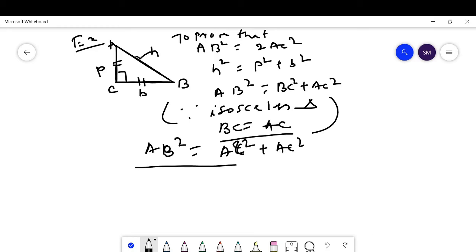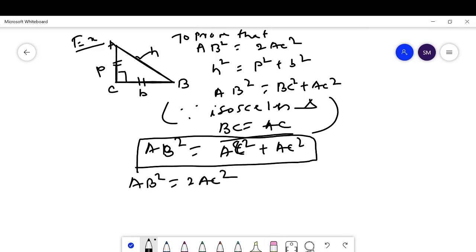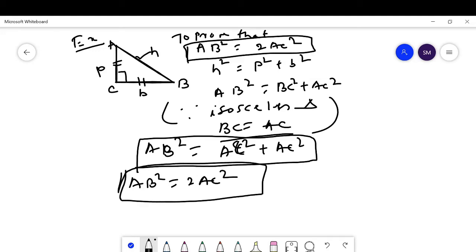This means AB square is equal to 2AC square. We have proved that AB square is equal to 2AC square.